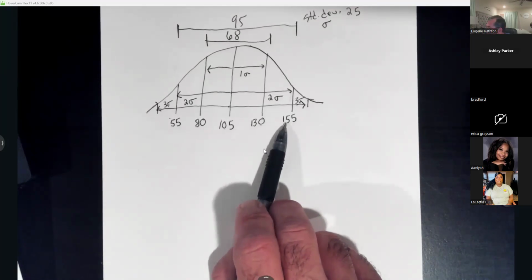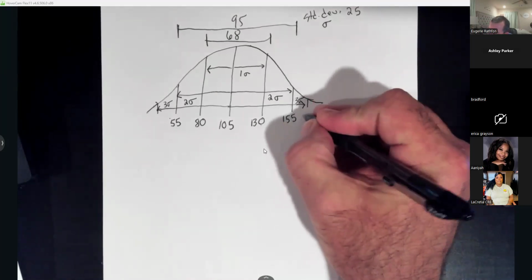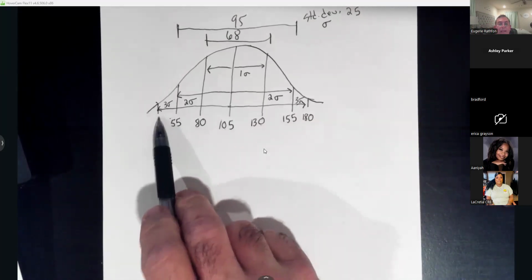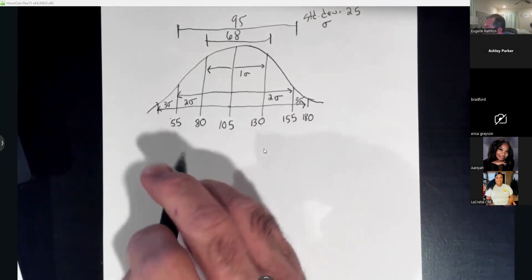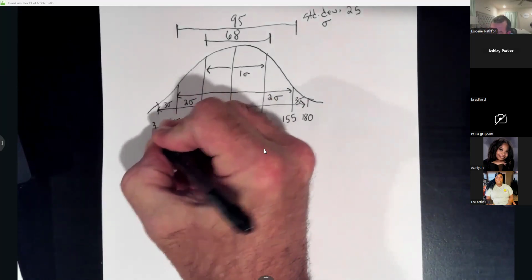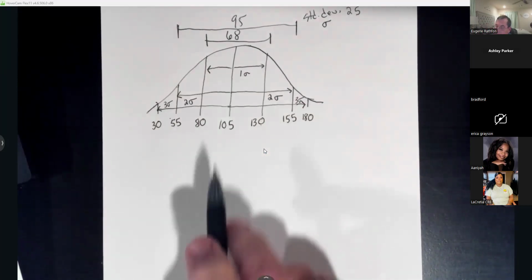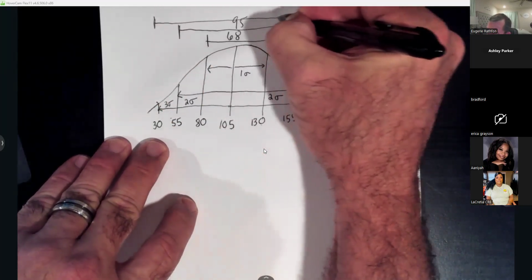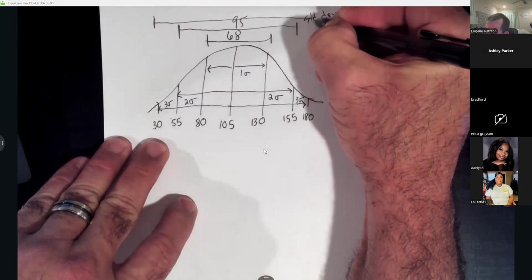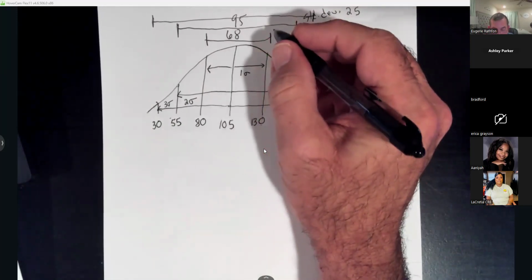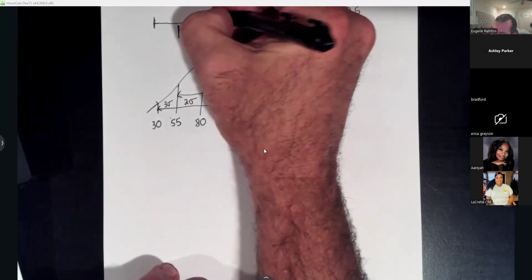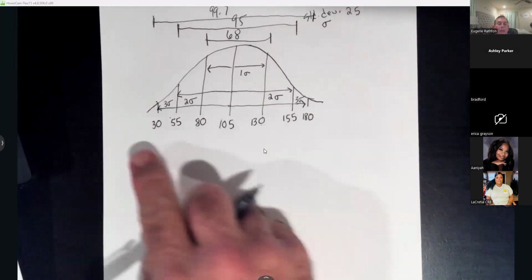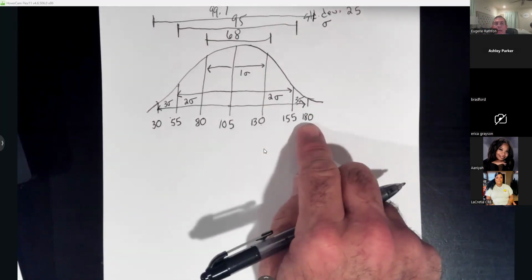So adding 25 to 155 gives me 180. Subtracting 25 from 55 gives me 30. So that means, let me draw my lines to the ends here. That means that 99.7% of our data will lie between 30 and 180.